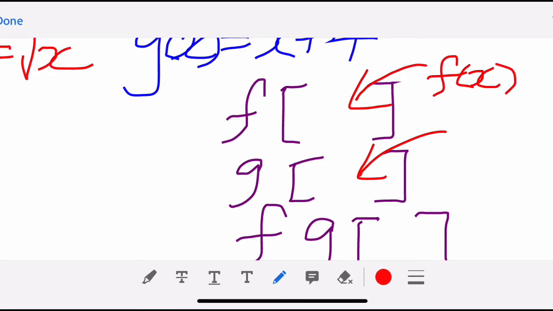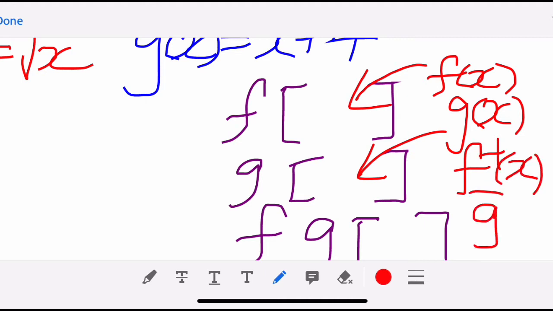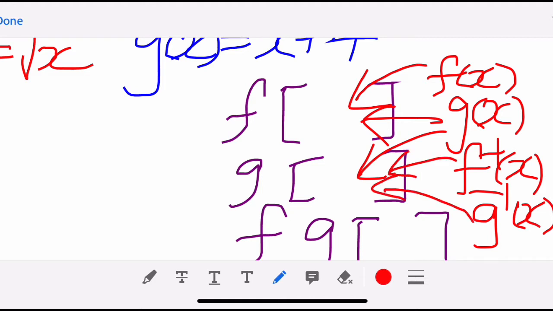It can be not only f, it can be g, it can be inverse, right? It can be g inverse, anything. So inside the bracket, you can have many possibilities. You have four possibilities, right?